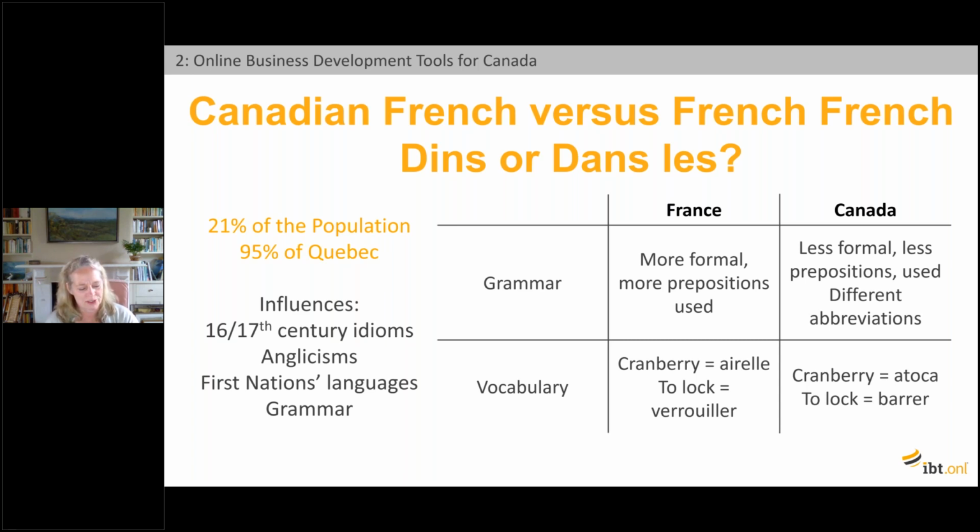If your target prospective business market is in Quebec, then you absolutely have to have a French website. It would be, I guess, insulting not to. And there's a lot of difference, I said, between French and the French of Quebec.